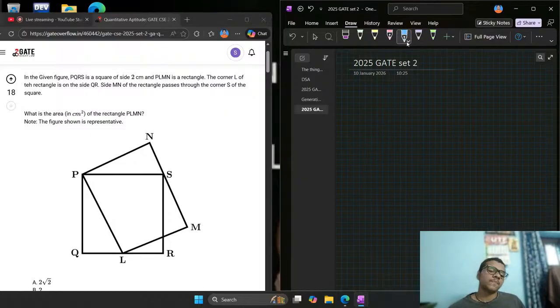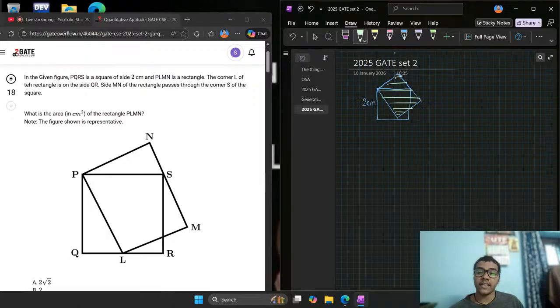So, what were we given? We were given a square of 2 centimeters, and we were given a rectangle. So, my question to you is something like this. You are supposed to find the area of this rectangle over here.